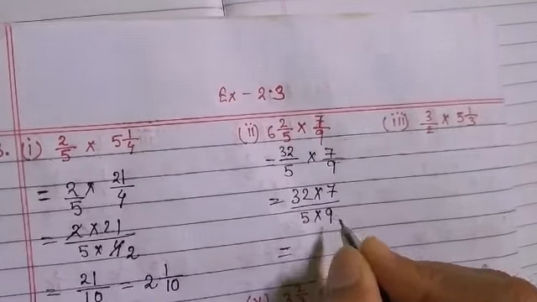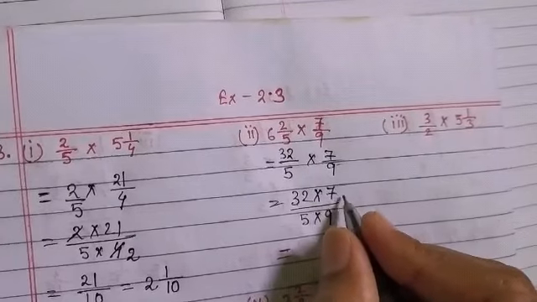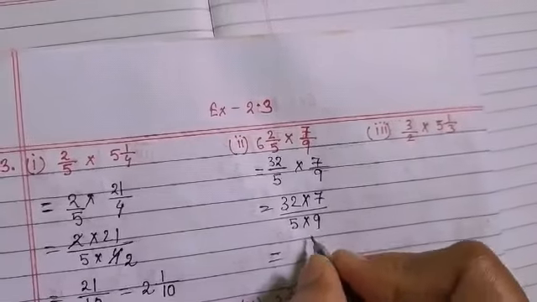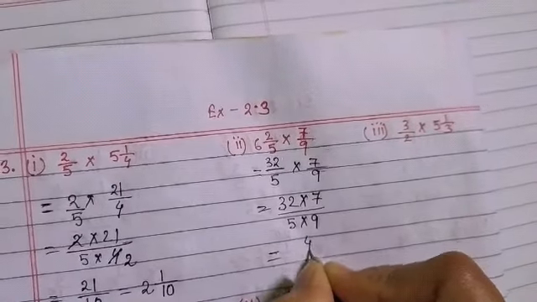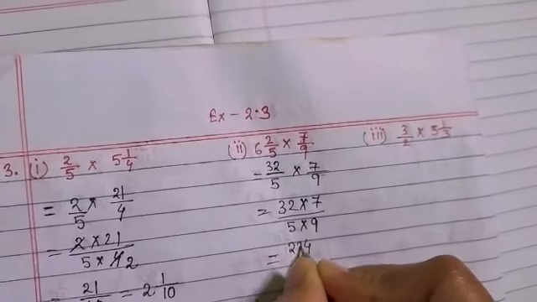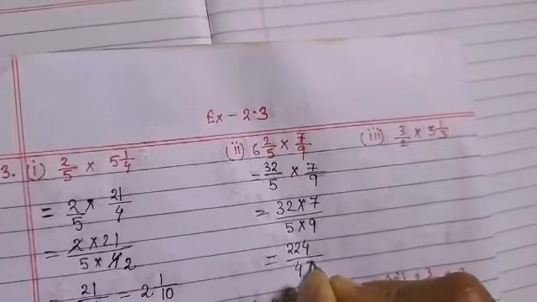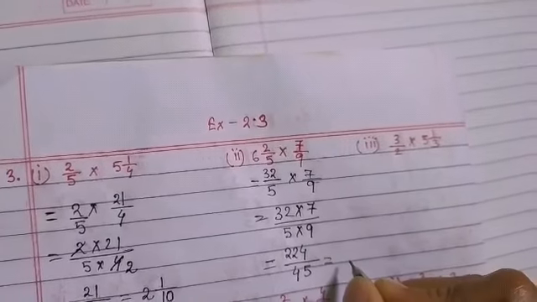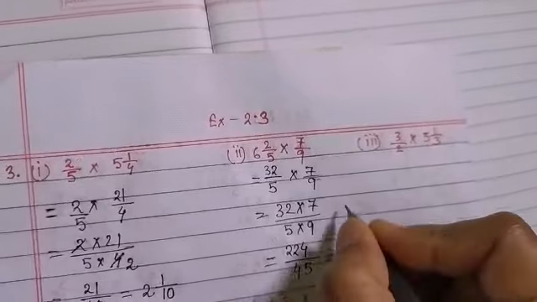By 9, that means by 3, that also cannot be cut. So direct multiplication will be done here. 7 2s are 14, 4 and 1 carry, 7 3s are 21 plus 1, 22 by 45. Then it is converted into a mixed fraction. You can show multiplication here.